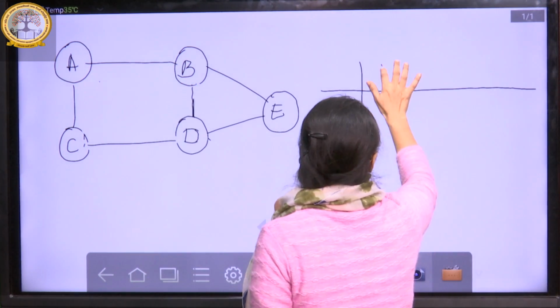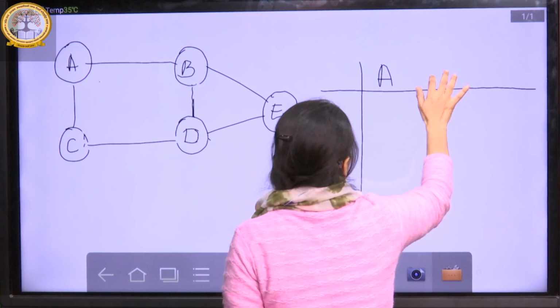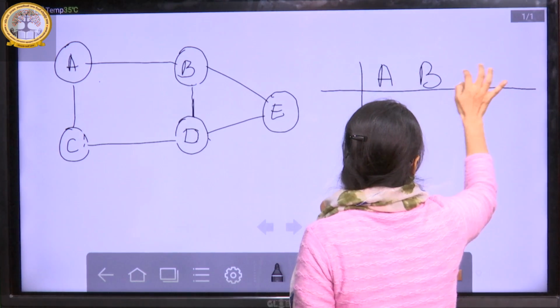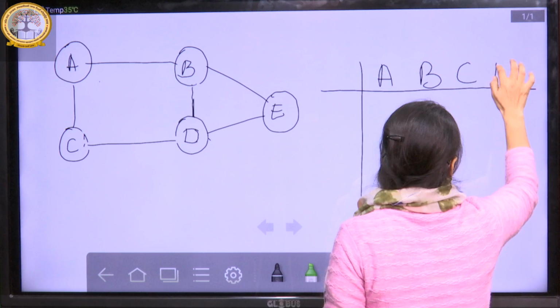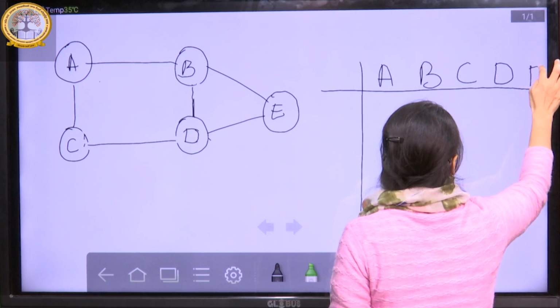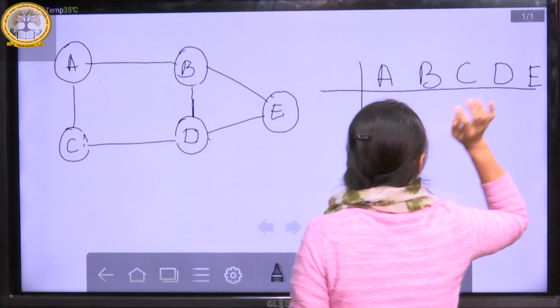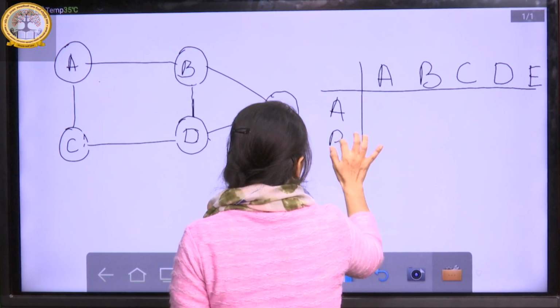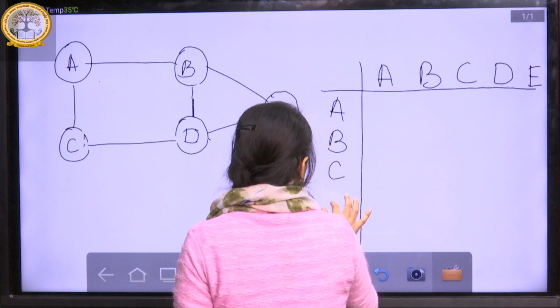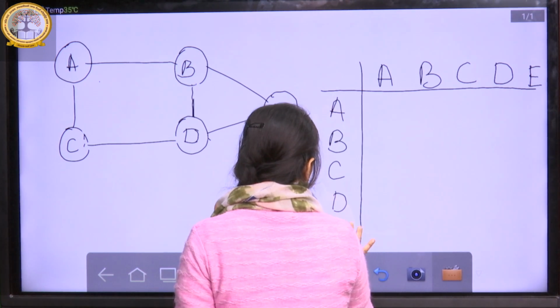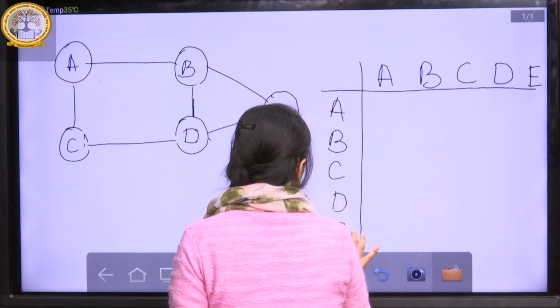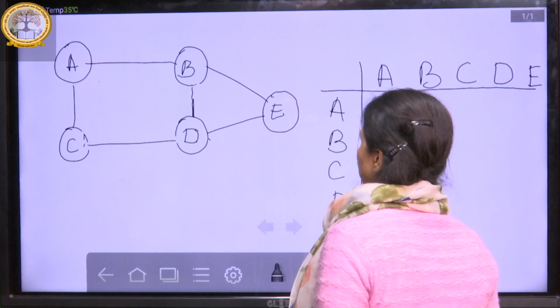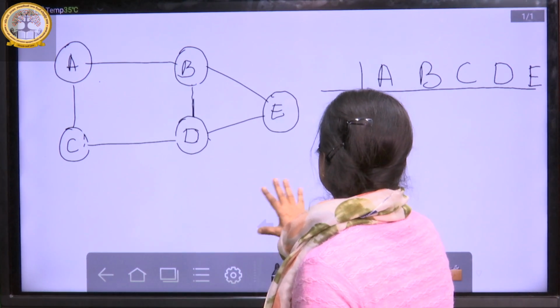So I am going to take these vertices A, B, C, D, E in rows as well as in columns.